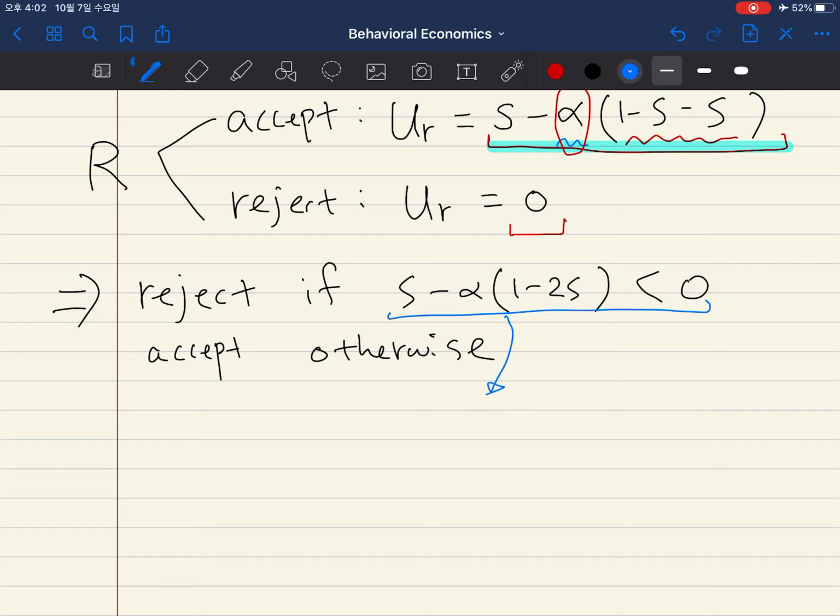We can rearrange this inequality to get this blue inequality at the bottom.